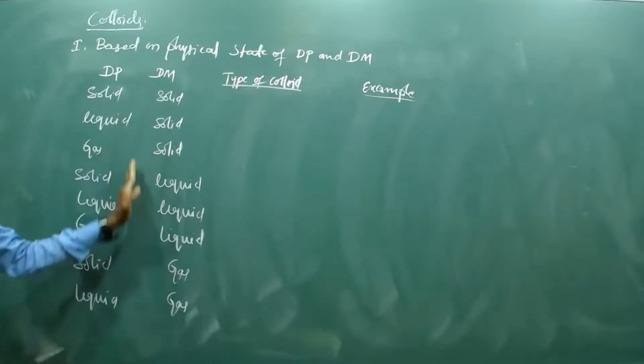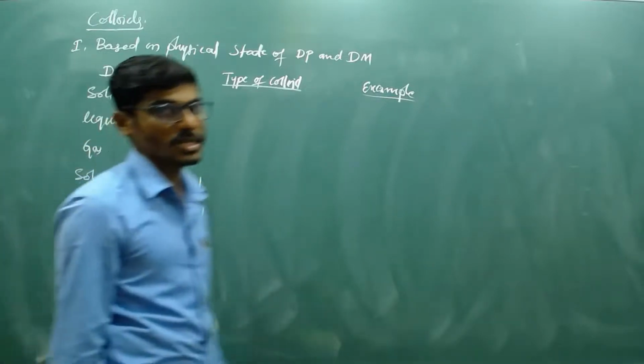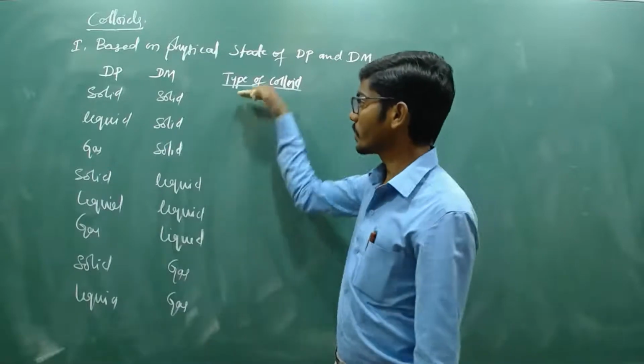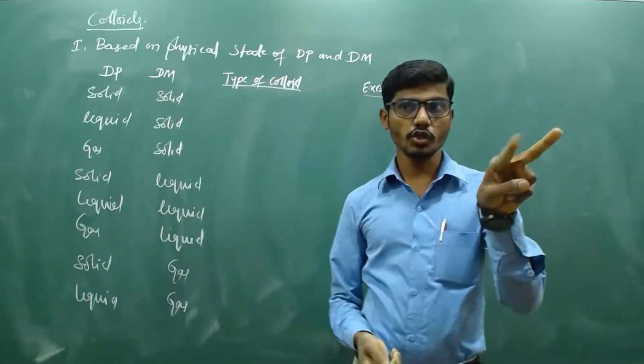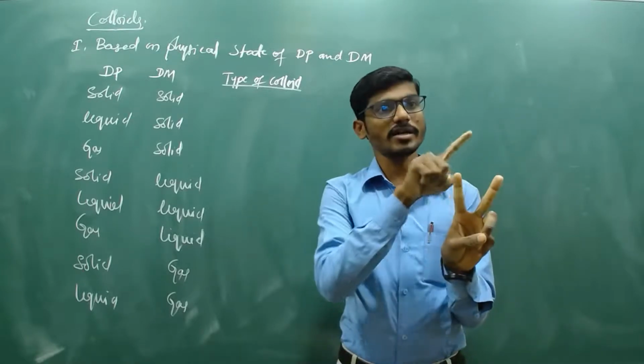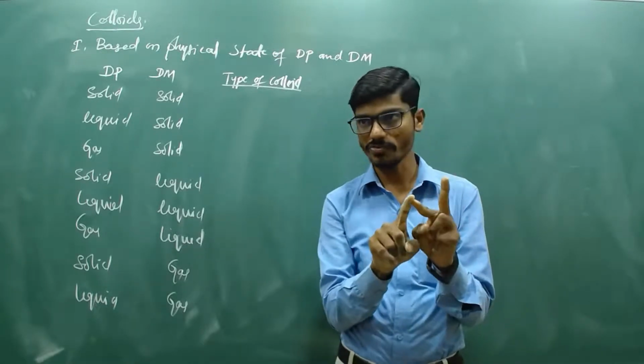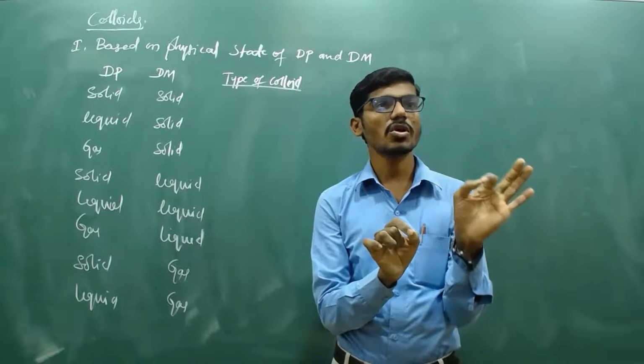So these are the 8 types of colloids. If the dispersion medium is in solid phase, then it is called solid sol.